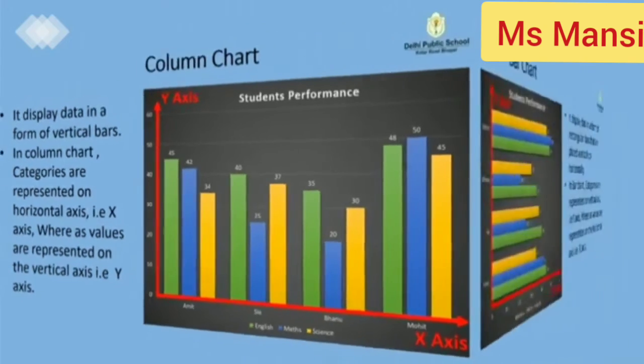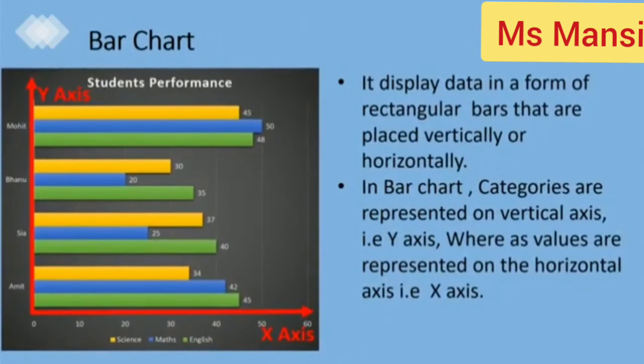Next is bar chart. The difference between column and bar chart is that rectangular bars are displayed. In column chart vertical and in bar chart rectangle. It displays data in the form of rectangular bars that are placed vertically or horizontally. In bar chart categories are represented on the vertical axis, that is y-axis.